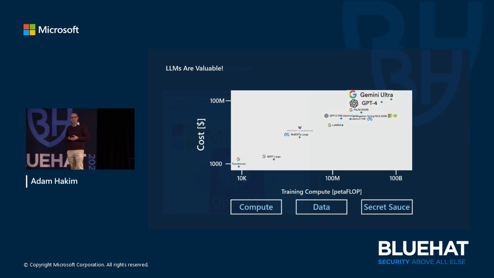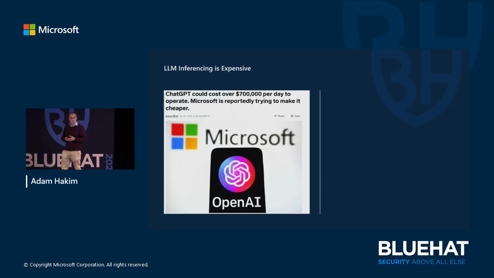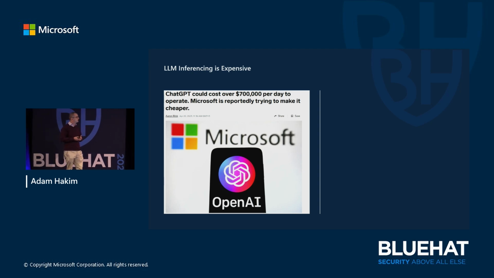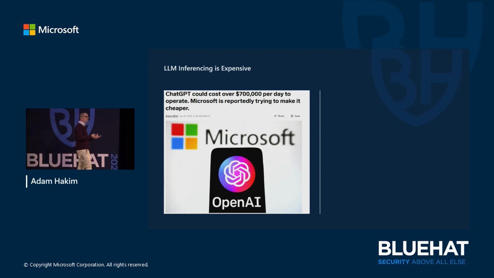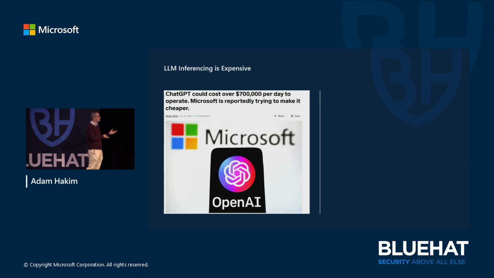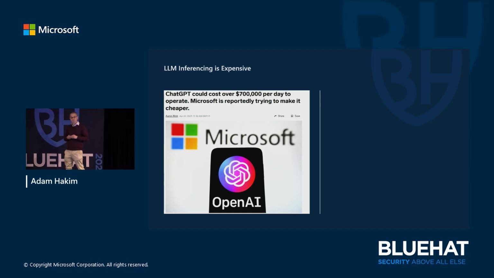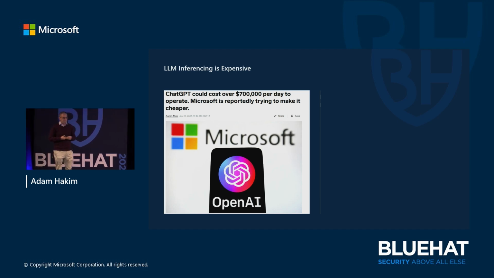So they're very valuable. And also inferencing with LLMs is expensive. A model owner has their model deployed on some cloud service, and ChatGPT would cost over $700,000 per day just to operate and to service clients, users.